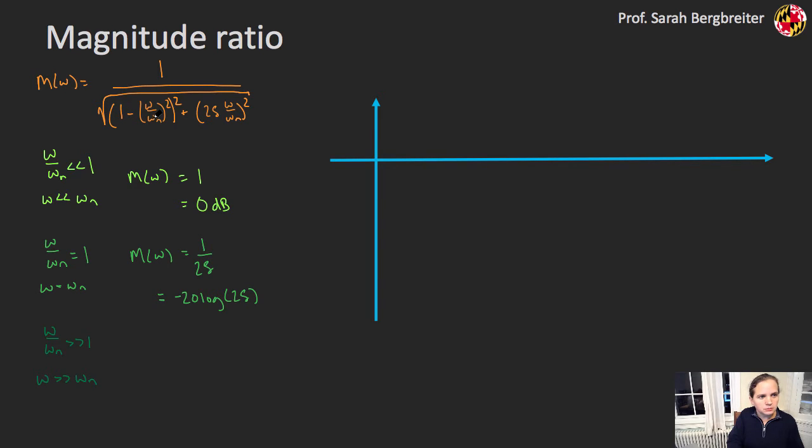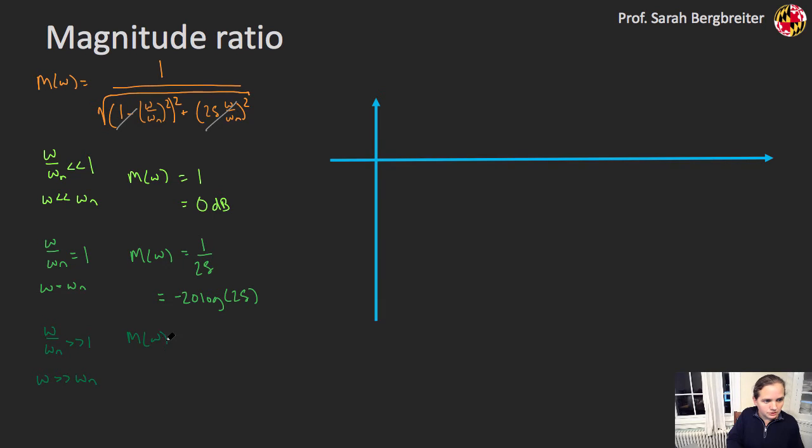Well, because this omega over omega n is very large, say something like 10 or higher, in this case the omega over omega n to the fourth term is going to dominate everything else. So basically this goes away, and I'm left with omega over omega n squared, square root of that, that whole thing to the fourth and square root of that.